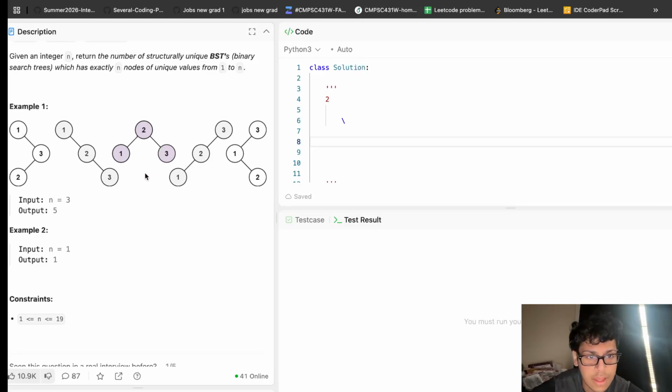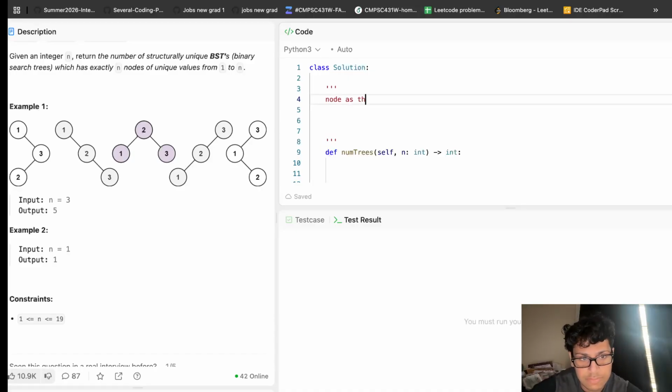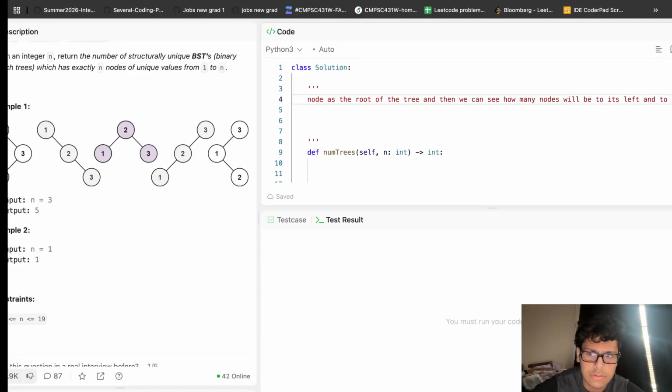So I kind of get the algorithm now. We just try every node as the root of the tree, and then we can see how many nodes will be to its left, to its right.